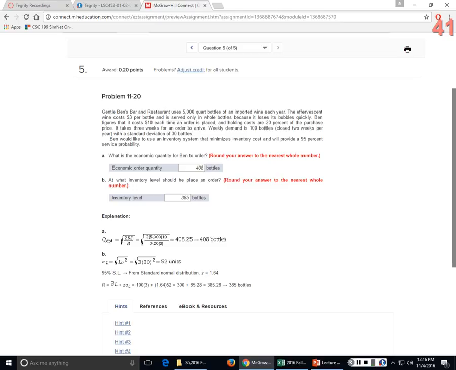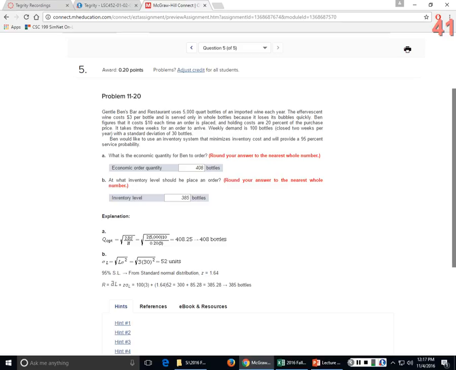So we need a Z-score for 95%. We know that our average weekly demand is 100 and our lead time is 3. If we look up the normal inventory table, we get 1.64.